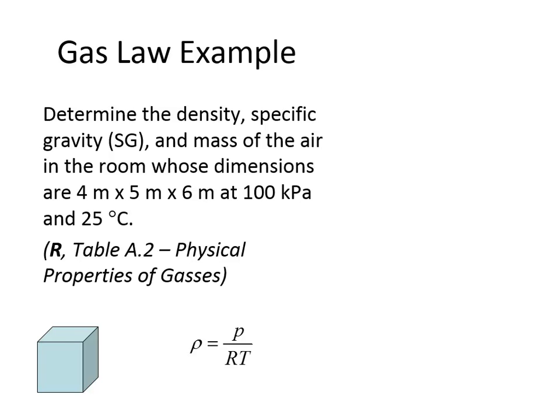So this is the same thing as 287 kilograms meter per second squared. So what was Newtons is now kilograms meter per second squared, and we still have the meter, the kilogram, and the Kelvin from before.